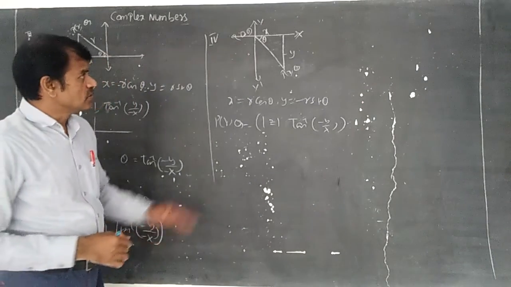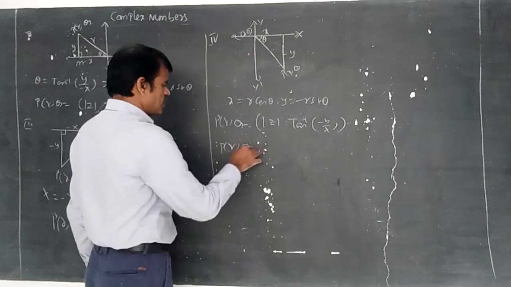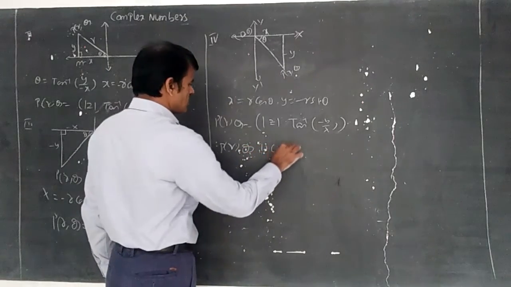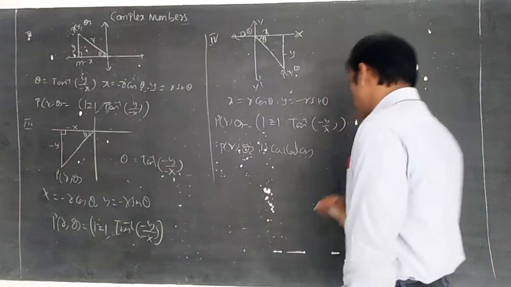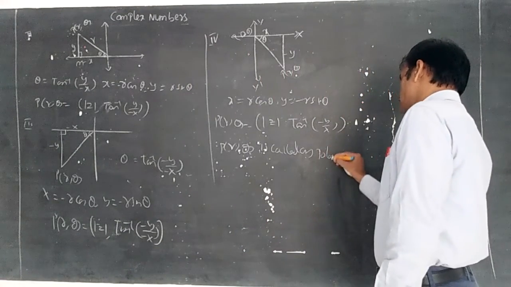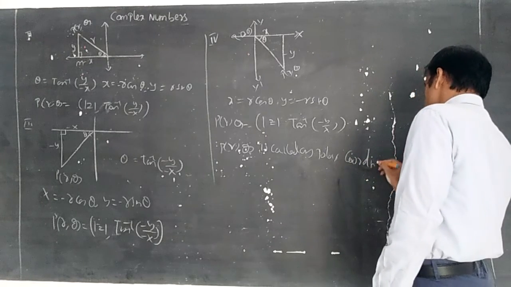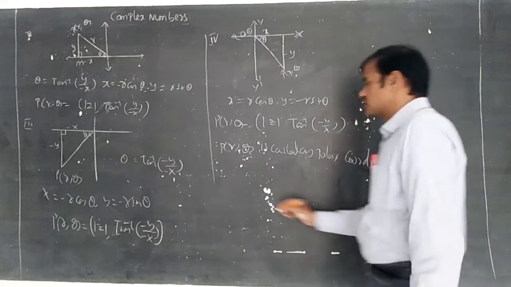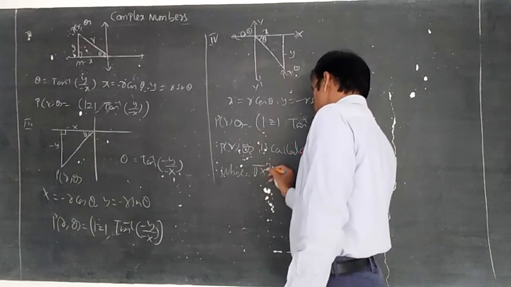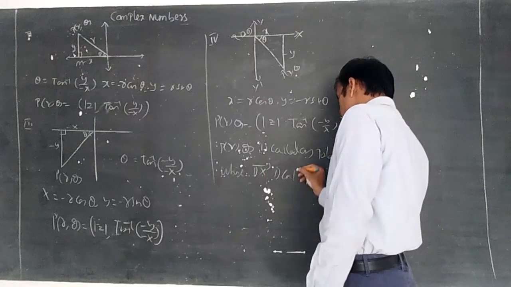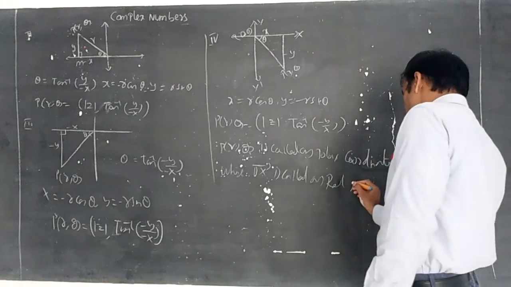These coordinates P(r, theta) are called polar coordinates, where OX bar is called the polar axis, also called the real axis.